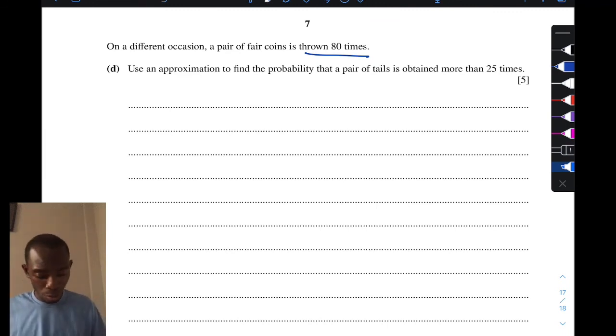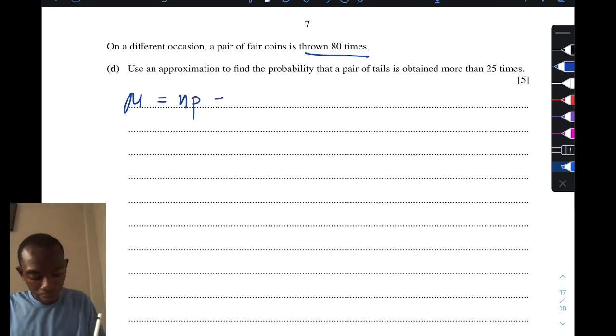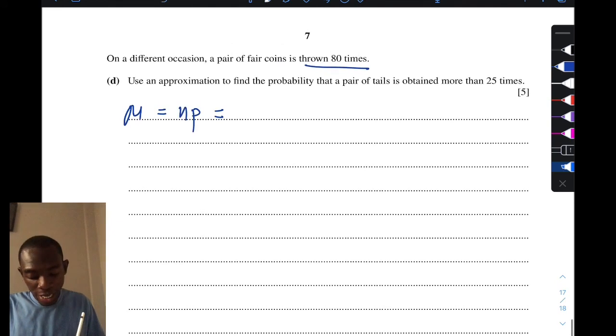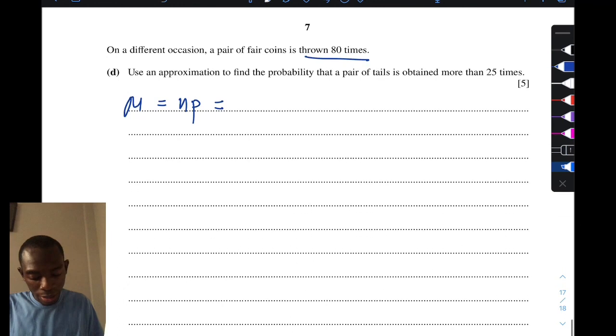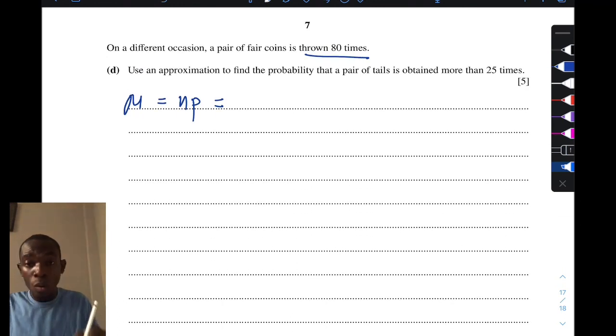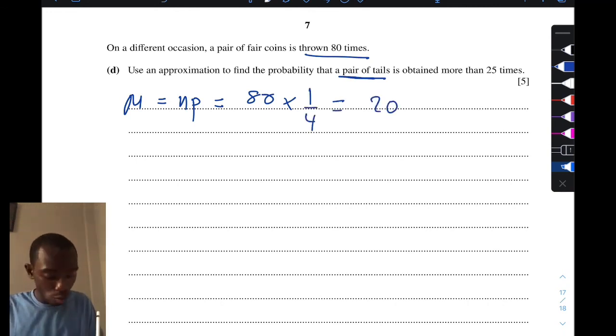So if we are going to approximate this, we need the mean, which is np. We have already obtained the probability of success to be 1 over 4, because they are still talking about a pair of tails. So n is 80 times p, 1 over 4, which is 20.